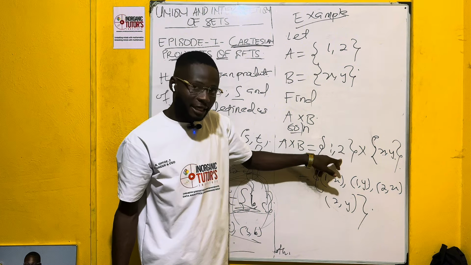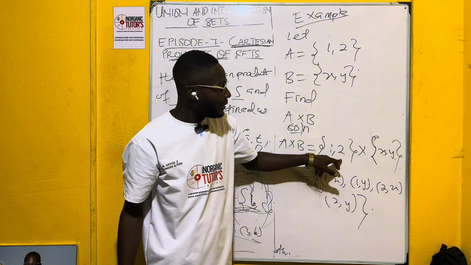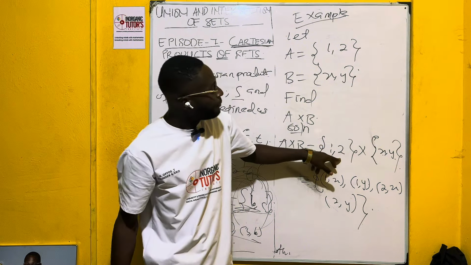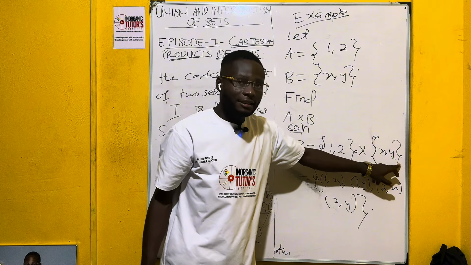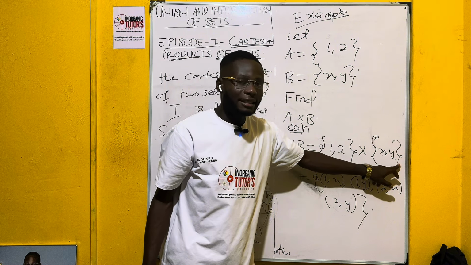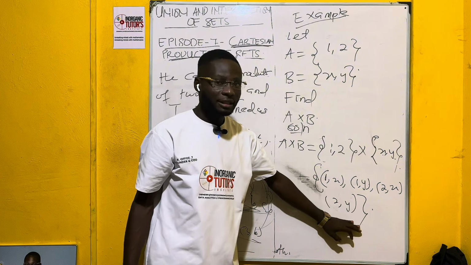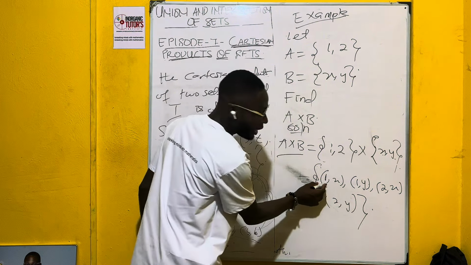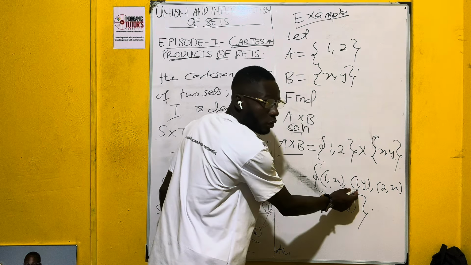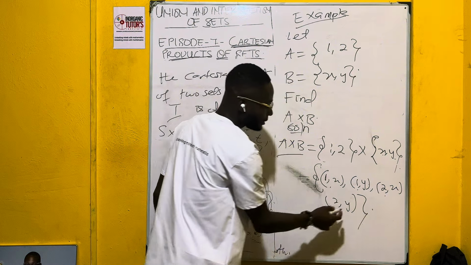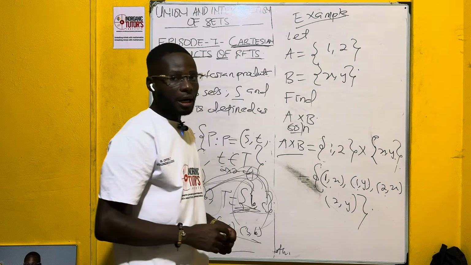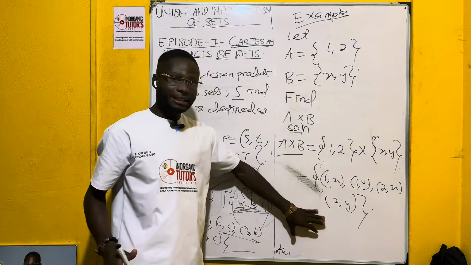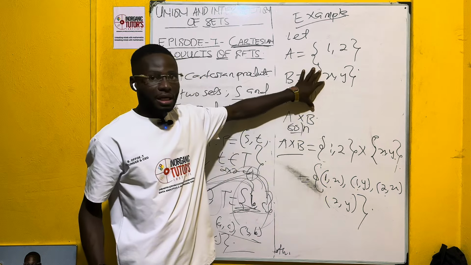So A cross B, we have (1, X), (1, Y), (2, X), and (2, Y). So that is for this particular example.